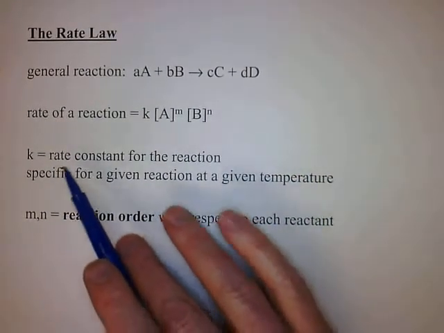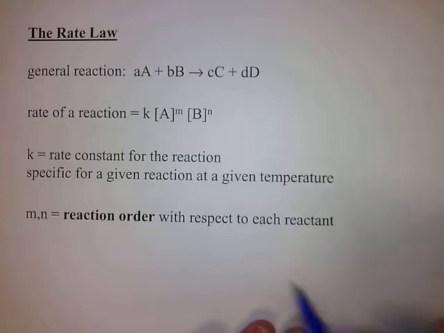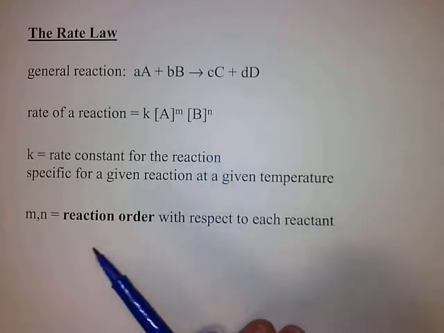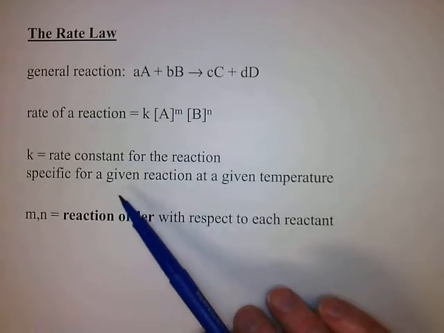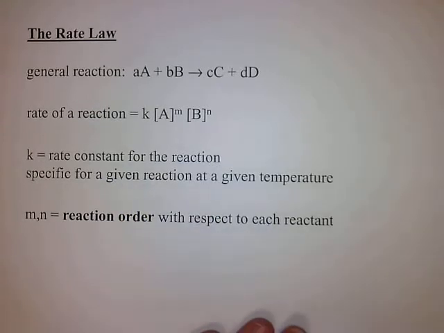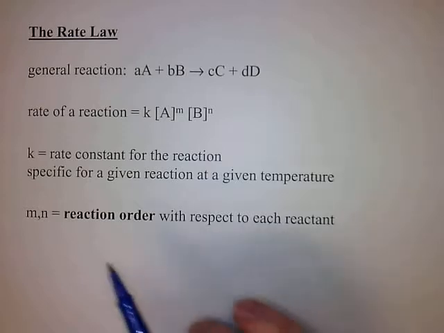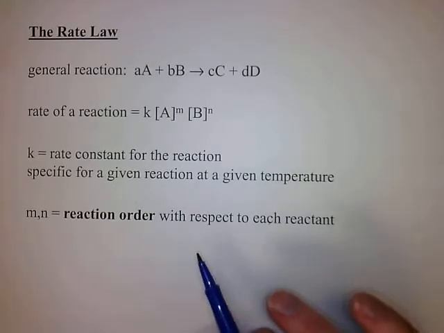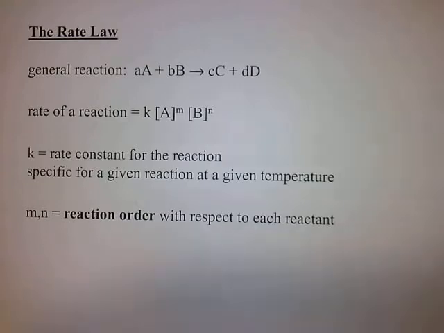Okay, K is the rate constant for the reaction, and this is specific for a given reaction at a given temperature, and M and N are the reaction orders with respect to each reactant. So M and N are the reaction orders.